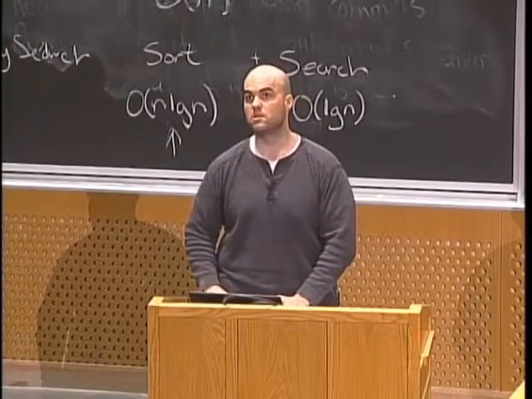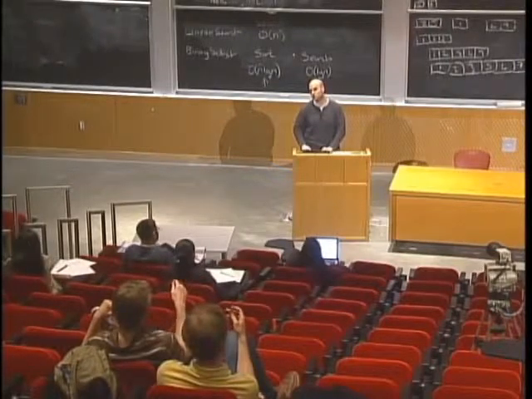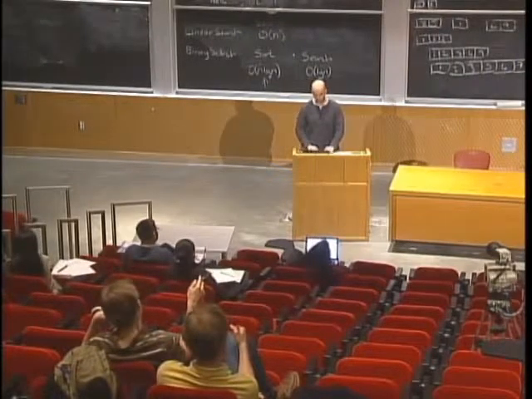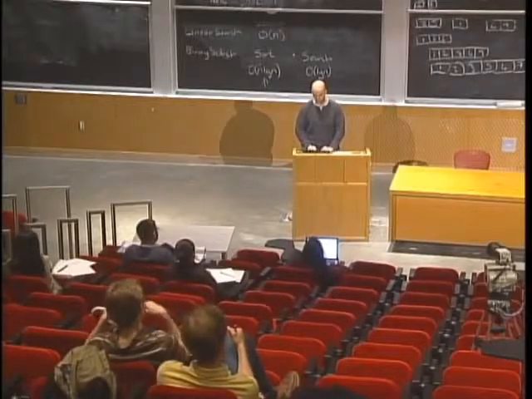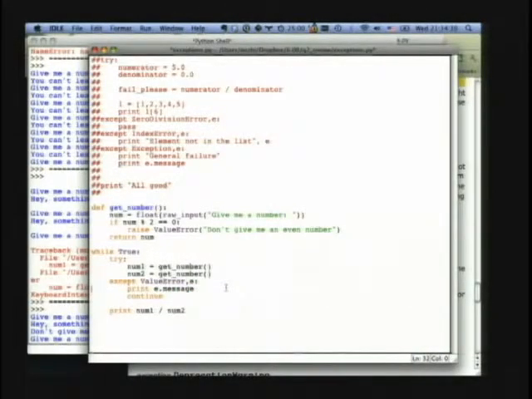Does that make sense? Well, how is that different? Is it basically the same thing as saying print, don't give me an even number? Yeah, so this is a really toy example, all right? So this is just going to print out whatever message that I passed in. So when I say this and point to my screen, I really meant this and highlighted this, okay?